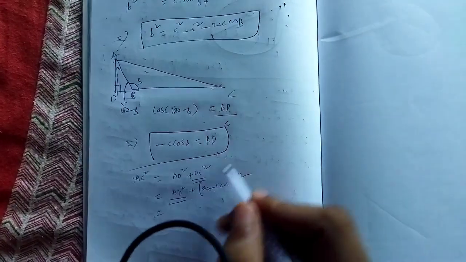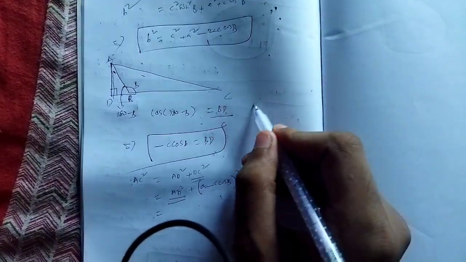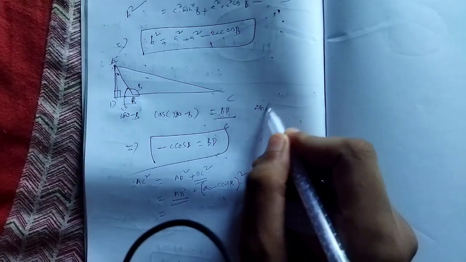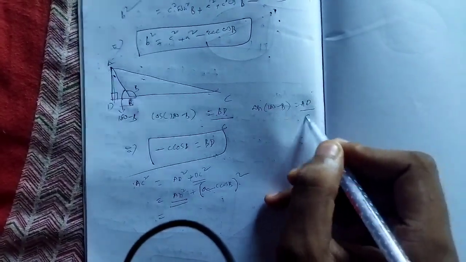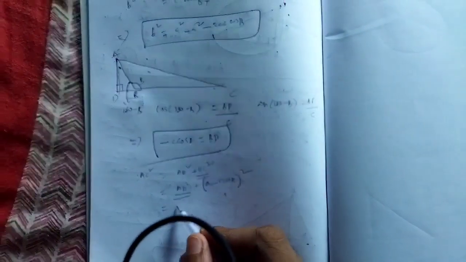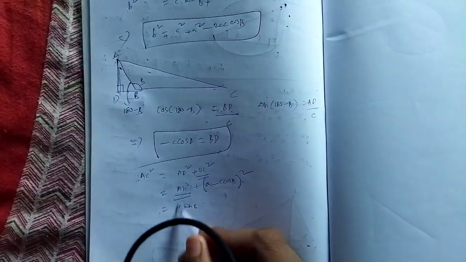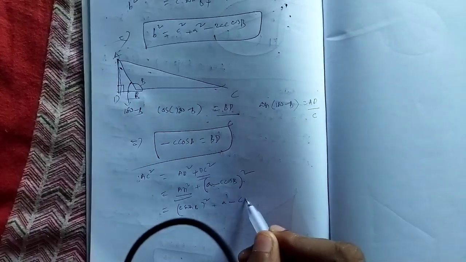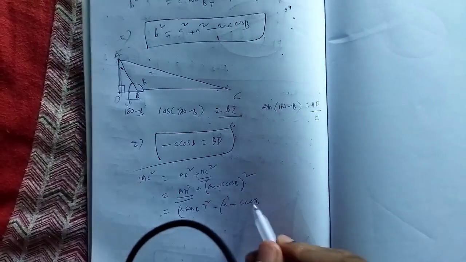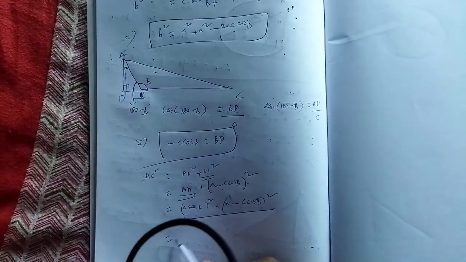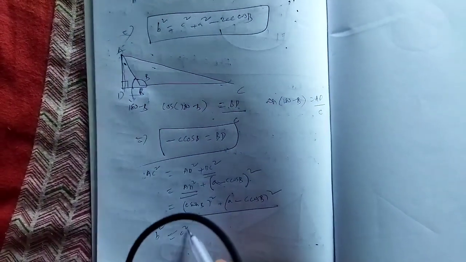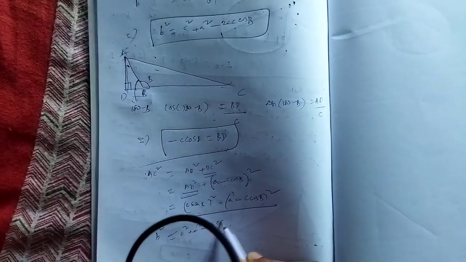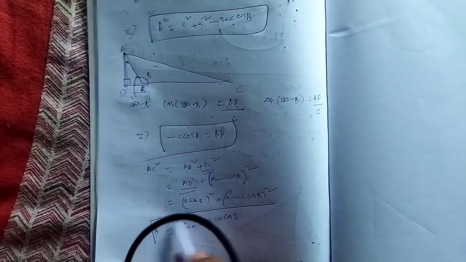AD square, from Pythagoras theorem we can get sine 180 minus B equals AD by c. It is c sine B plus a minus c cos B whole square. If we simplify, we get as above, b square equals c square plus a square minus 2ca cos B, right?